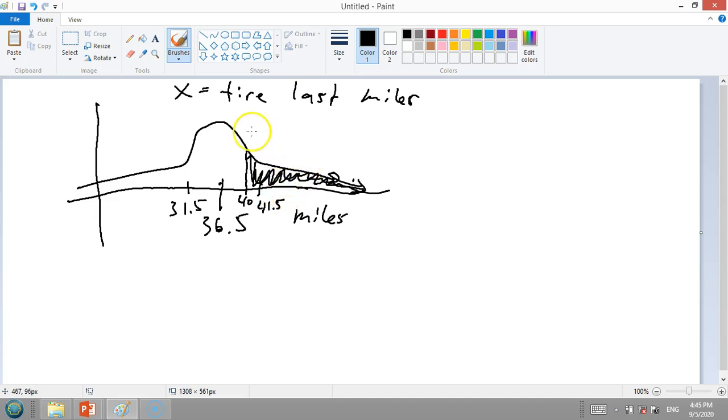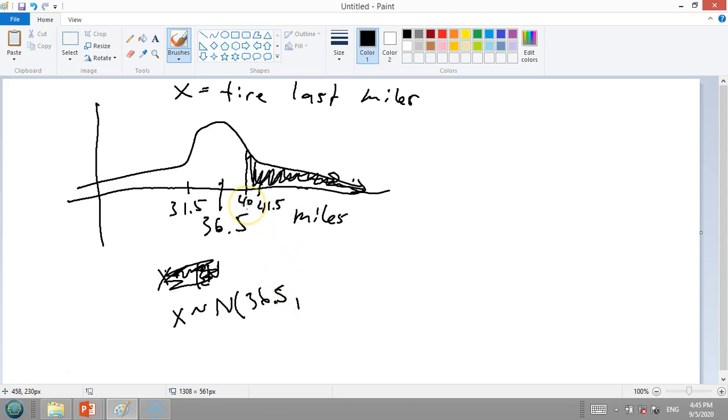Well, this is a normal distribution here, right? And what is the distribution of this? X is normal, with a mean of 36.5 thousand miles. I just take off the zeros there to avoid any kind of confusion.